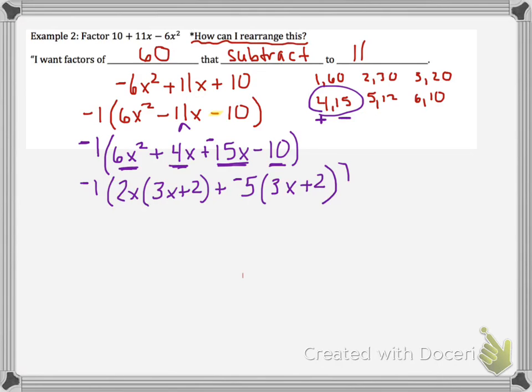And of course, that's all one big thing times the negative 1, and you can see I now have a common factor in there. And so I get negative 1, and I can pull out my factor of 3x plus 2 times 2x plus negative 5.